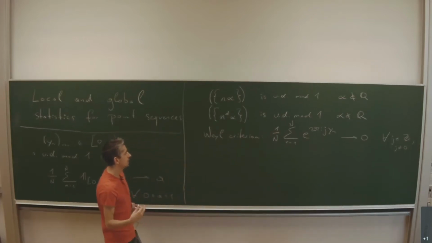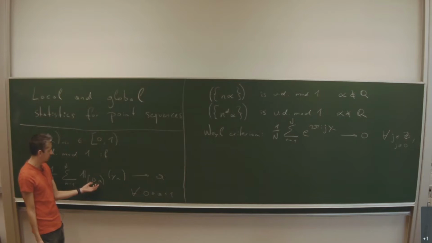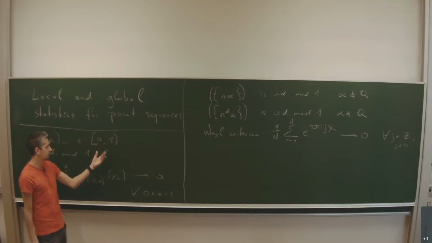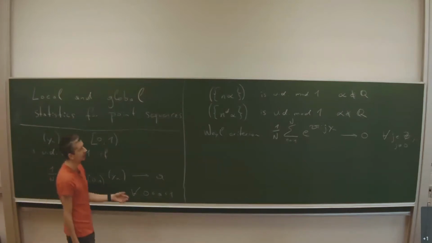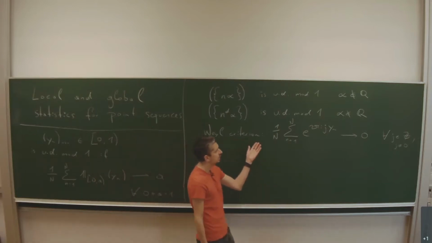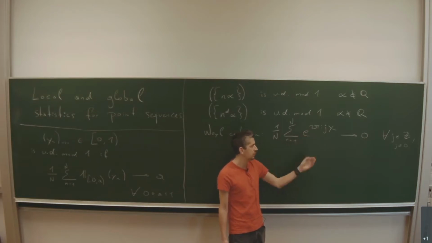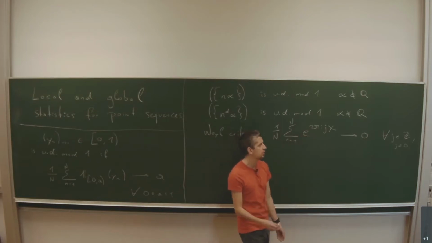So this is a global theory in the sense that you keep your test window fixed. The test interval here is essentially the same size as the full interval, so you keep it fixed. The fact that you keep this test interval fixed is responsible for the fact that in this Fourier analytic criterion, you can treat one frequency at a time.